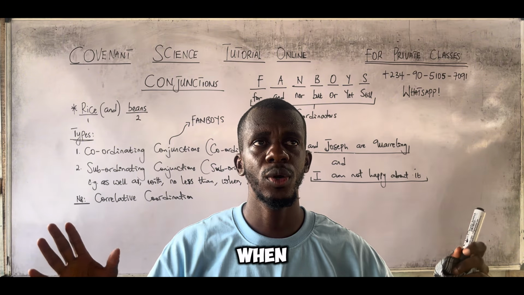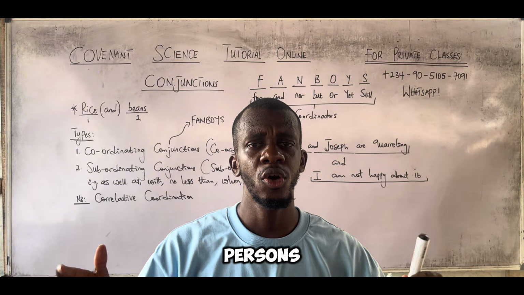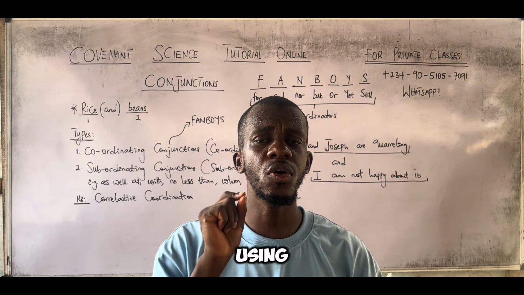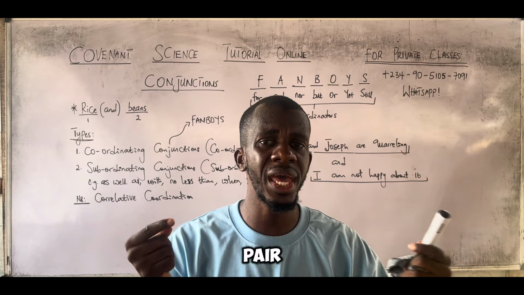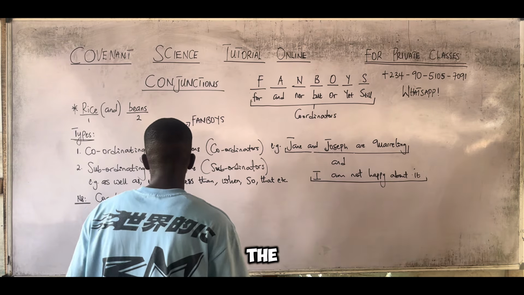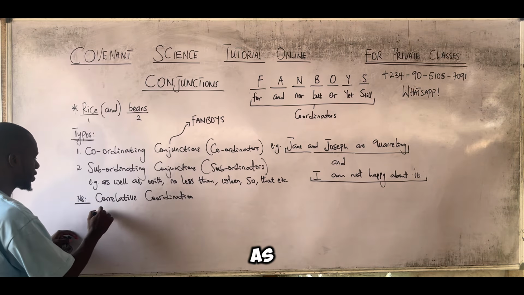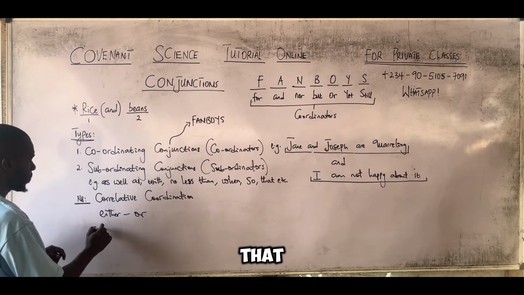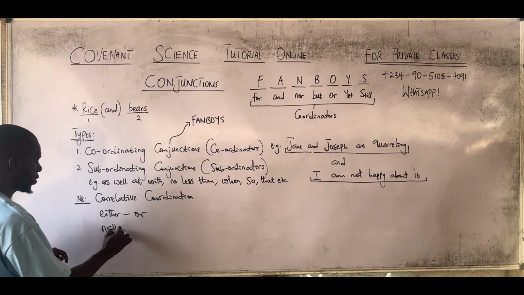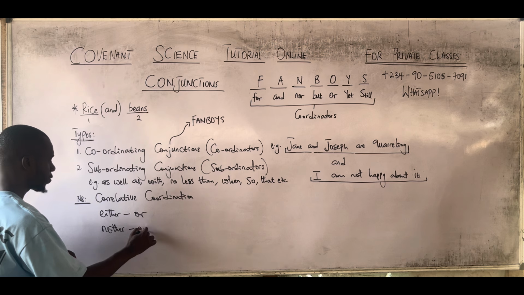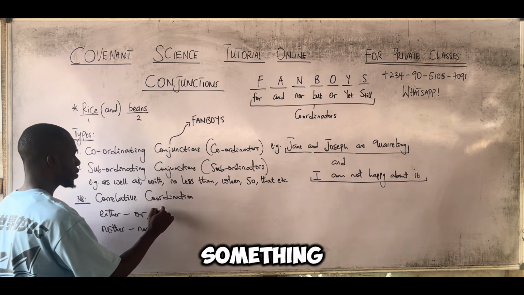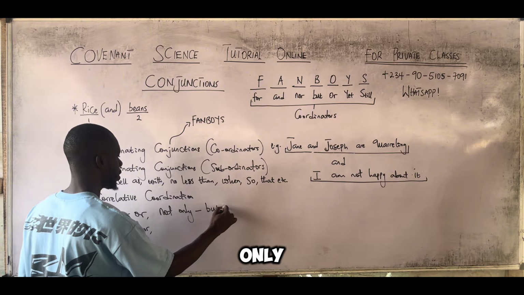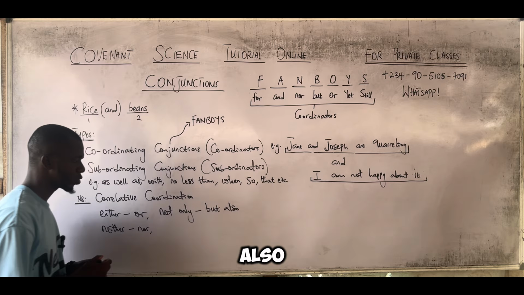So when we join two persons or two items or two objects using conjunctions that go in pairs, such as either or, neither nor, and not only but also.